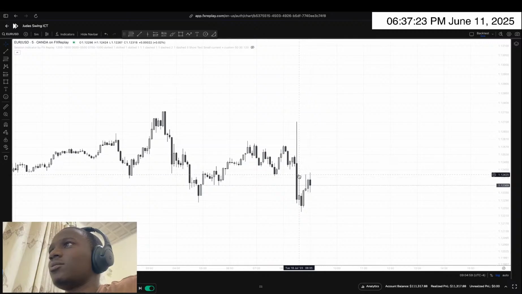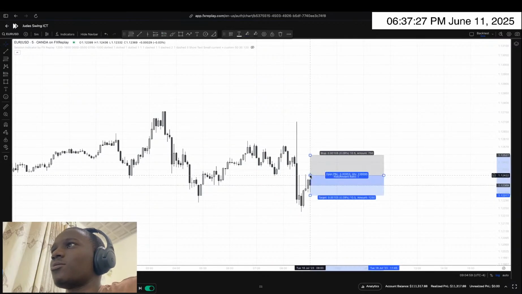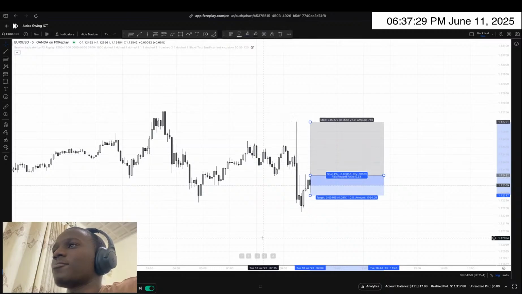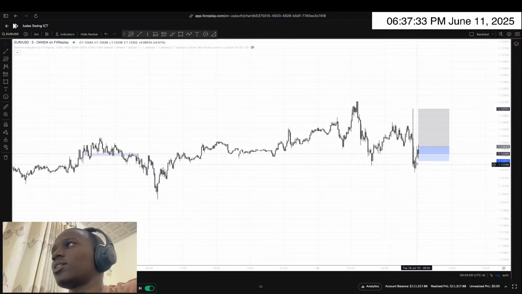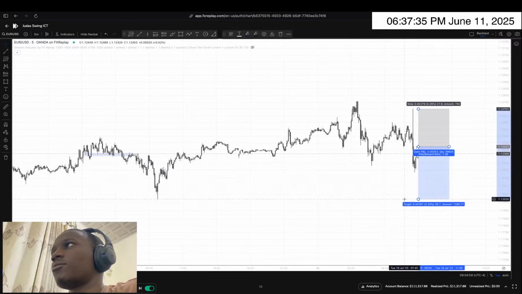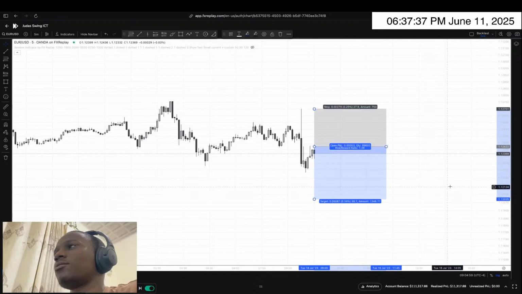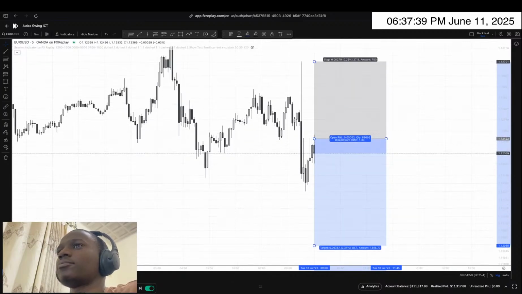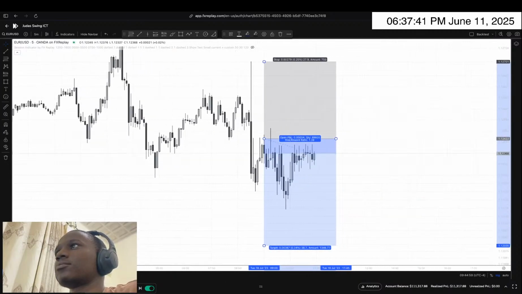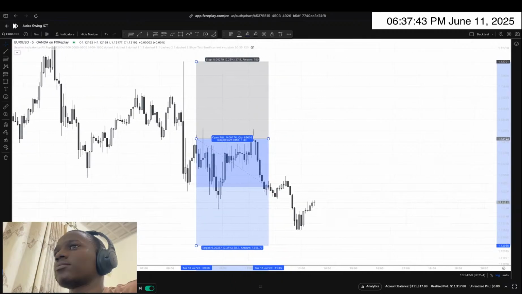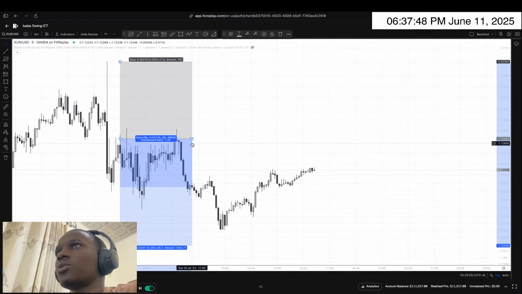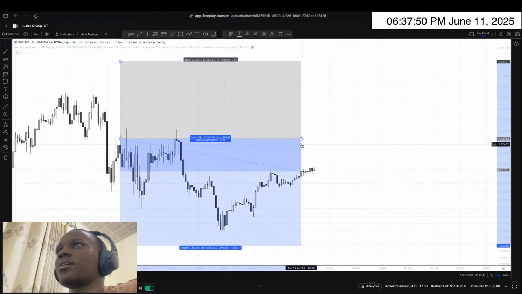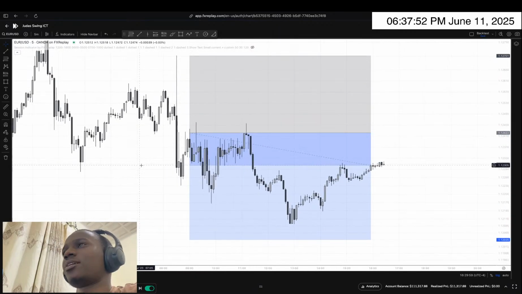Okay, you can see that we now drop into it. So I'm not going to take this trade because we've already had a loss for the day. I mean, we have to follow the rules. That's just the price action. If you were to target these lows, you would get a good fill on the trade. So you can see the session ends without anything big happening again.